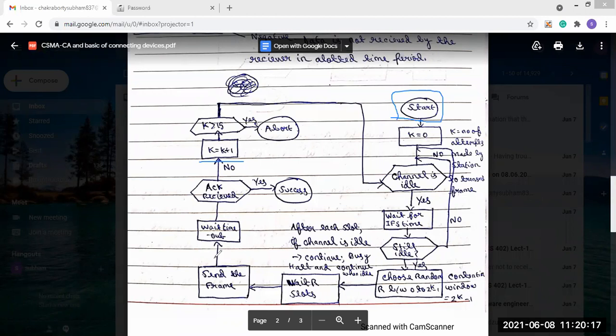But if you say from bottom to top, then it will be physical layer, then data link layer, then network layer, then transport layer, then session layer, then application layer. So from bottom to top, it will be like this. Okay, so always try to remember these layers of the OSI model.